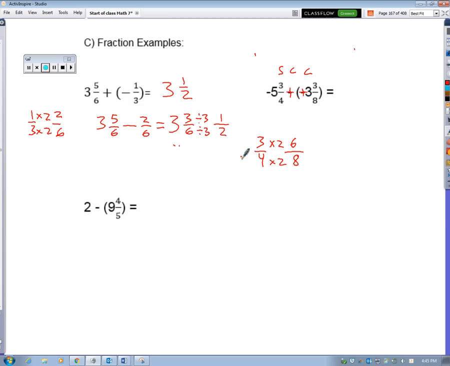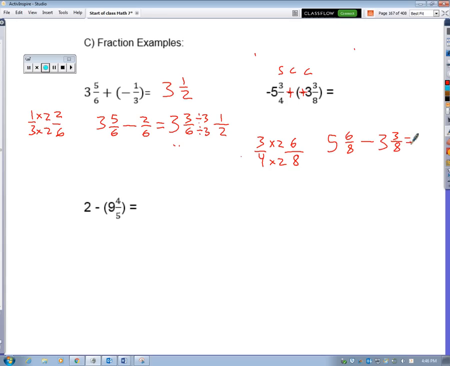Alright, so I'm going to set this up. I'm going to subtract these two, so I'm going to have 5 and it's now 6/8 minus, and I'm subtracting because remember they are different, that's our rule, minus 3 3/8.